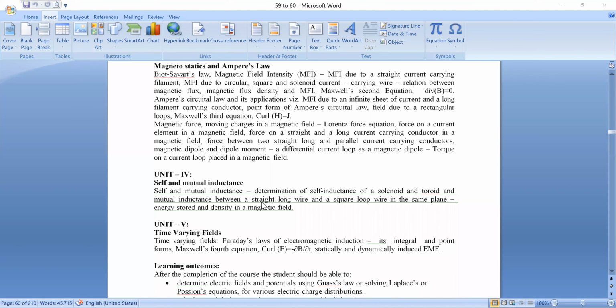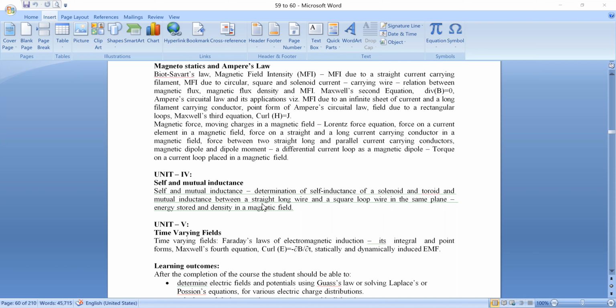And the next, this is unit 4. Self and mutual inductance. What is the definition of self inductance and mutual inductance, and self-inductance in different cases like solenoid and toroid, and also mutual inductance, which means between two components.